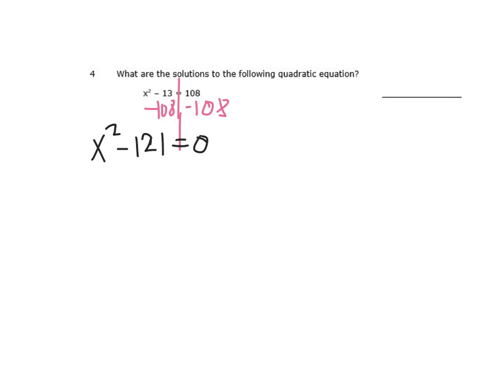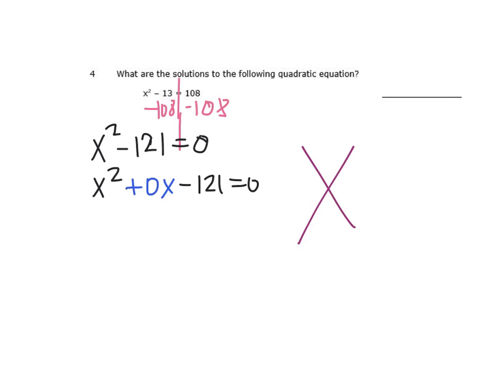Another way you could write this is x squared plus 0x, because there's no b value, minus 121 equals 0. And this is where you would go ahead and do your factoring.